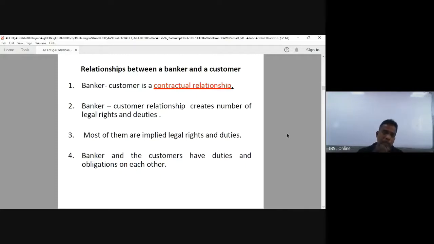So the banker-customer relationship is also partly a written contract and the other part is unwritten. The most important part here is that most of the terms or implied legal rights and duties under the banker-customer relationship are implied, unwritten. For example, when you go to a bank and open an account, what documents do you get?